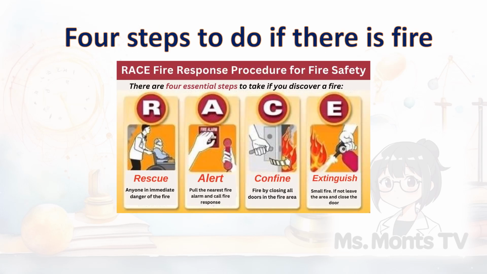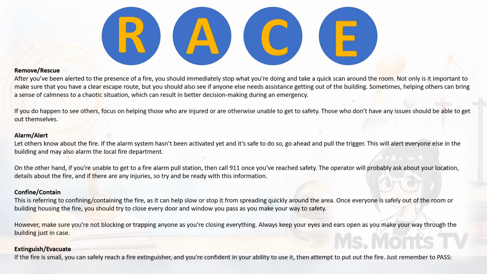So what are the 4 steps to do if there is fire? We need to do RACE, R-A-C-E. R, remove or rescue. A, alarm or alert. Then C, confine or contain. And E, extinguish or evacuate.